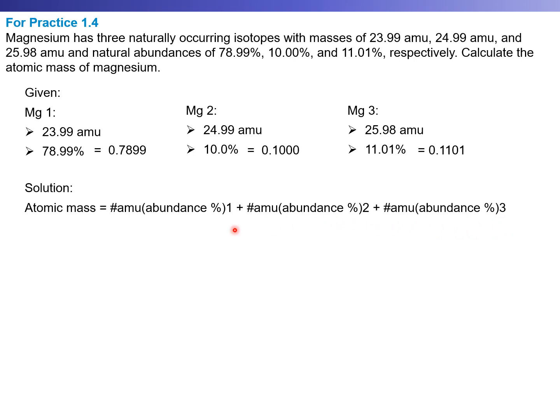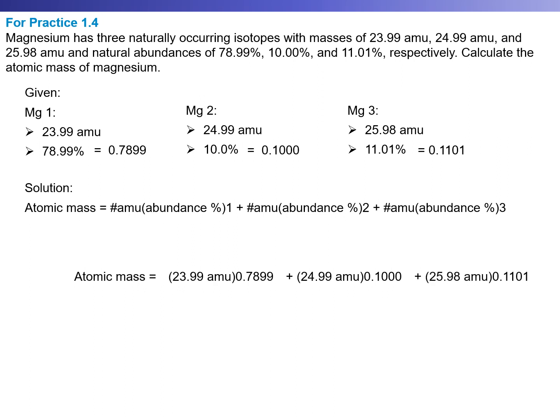I have it spelled out here for all three of our naturally occurring isotopes. So let's actually plug in the numbers. For our first version, we're going to take 23.99 atomic mass units and multiply it by 0.7899. We'll do the same thing for the second, 24.99 atomic mass units times 0.1000.